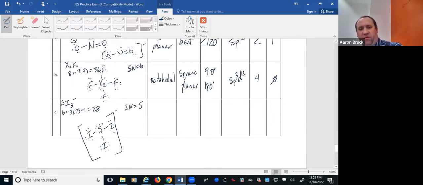So that's a steric number of 5. Steric number of 5 means trigonal bipyramidal. Trigonal bipyramidal with 2 lone pairs on it is T-shaped.